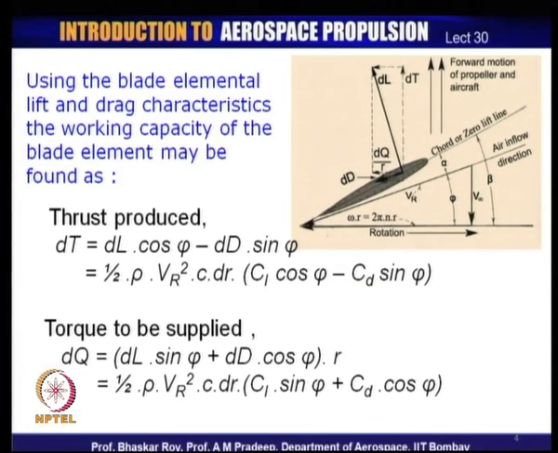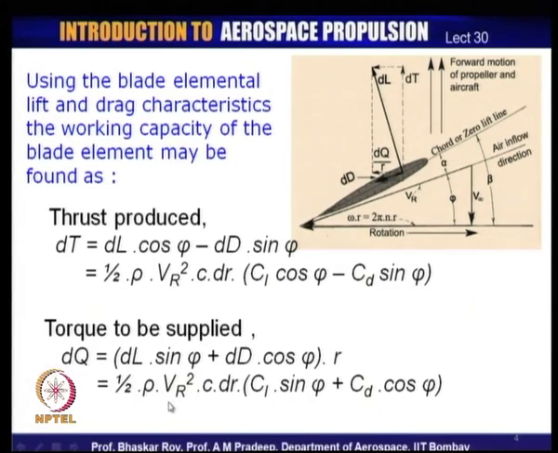Now, let us look at the torque that is to be supplied. This is to be matched by the engine supply. So, torque is required for the propeller to be operated, and this is to be supplied by the engine. Again using the same diagram, we can write down the torque equation in terms of the elemental lift and the elemental drag, and in terms of the local flow angle phi.